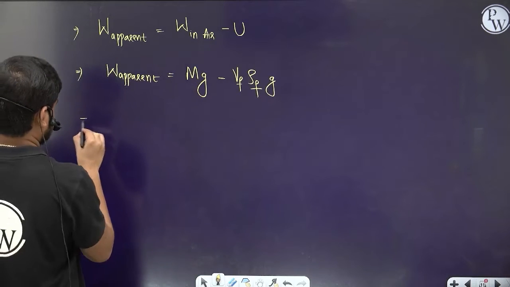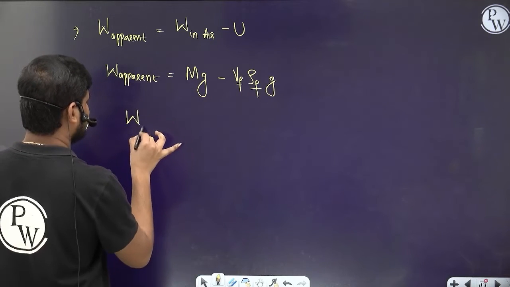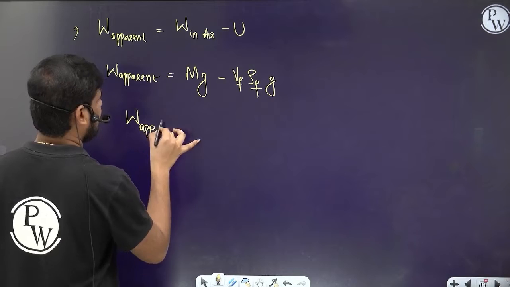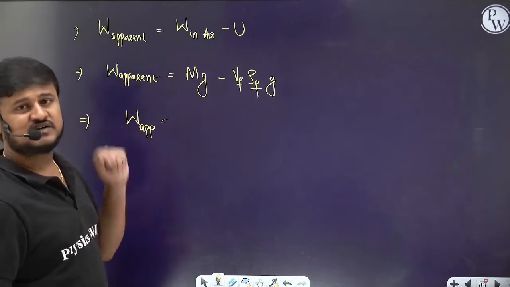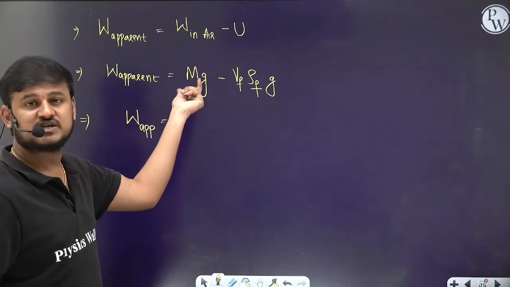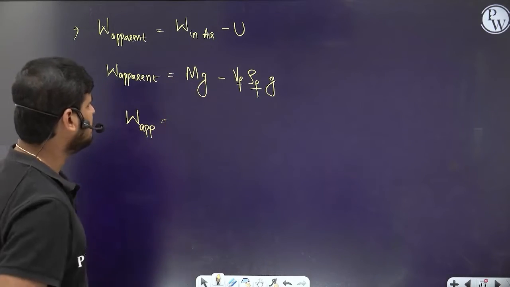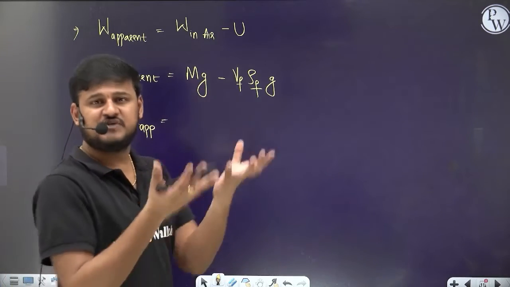So this m is the mass of the object which is placed inside the liquid, or which you are trying to lift up.